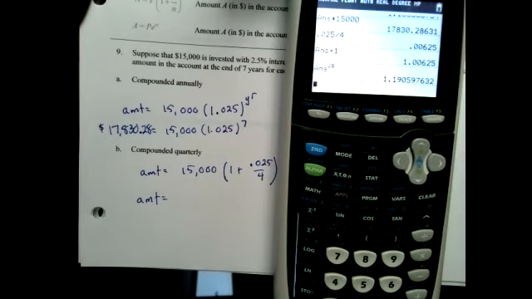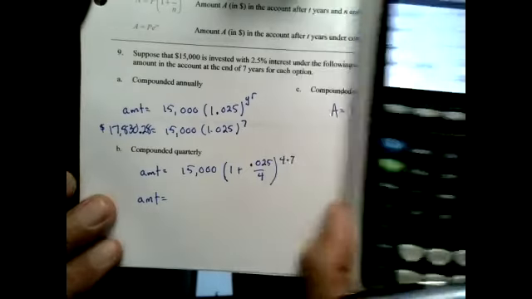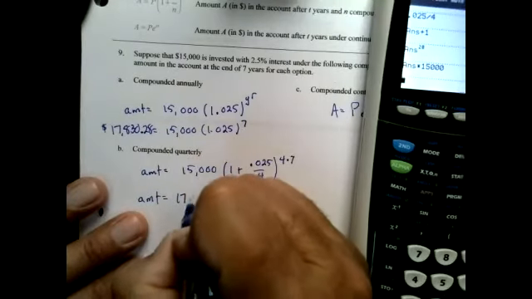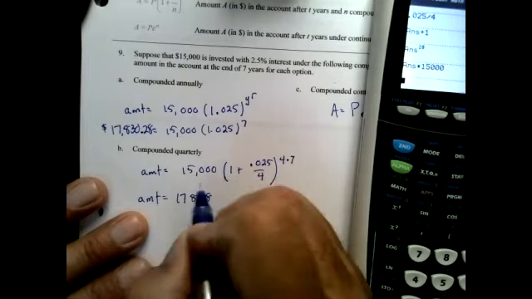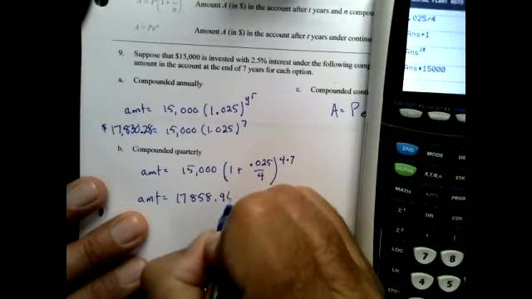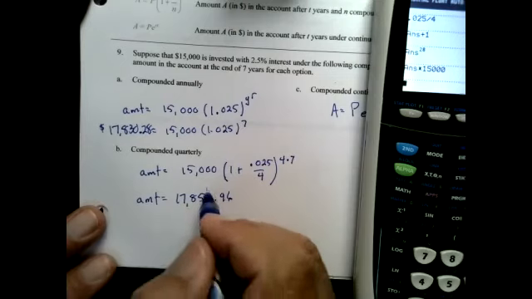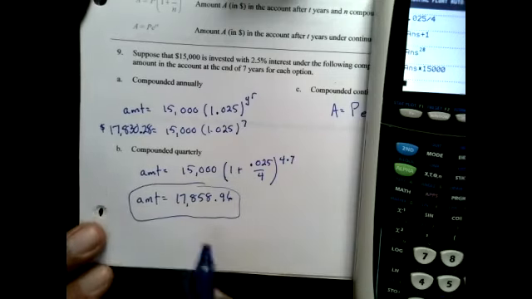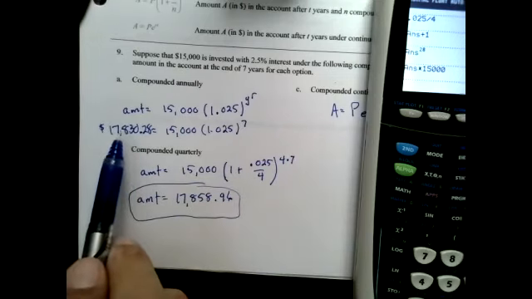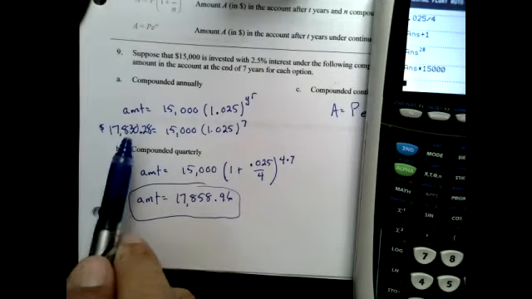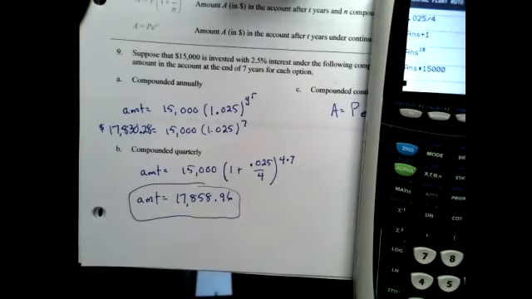And I get an answer. Now I'm going to multiply that by my 15,000. 17,858.96. Yeah, buddy. That's a little bit better than this. It's $28 better because I'm getting a little bit more interest on interest. Not a lot, but it's better if it's compounding quarterly.